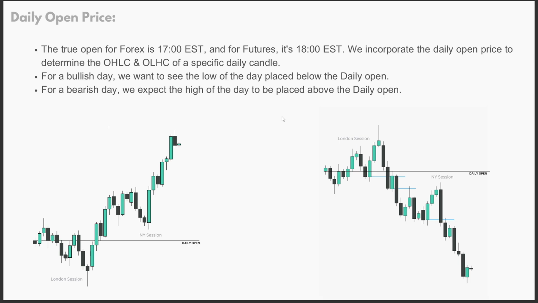So we use the daily opening price to determine the open high low close and open low high close of a specific daily candle. Like for a bullish day, after the daily opening, we would want to see the low of the day established below the daily open and then expansion to the upside. And for the bearish day, we want to see the high of the day established above the daily opening price and then expansion to the downside.